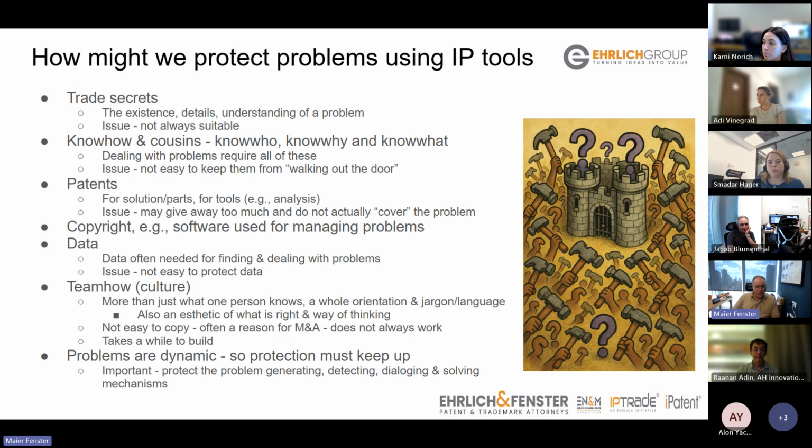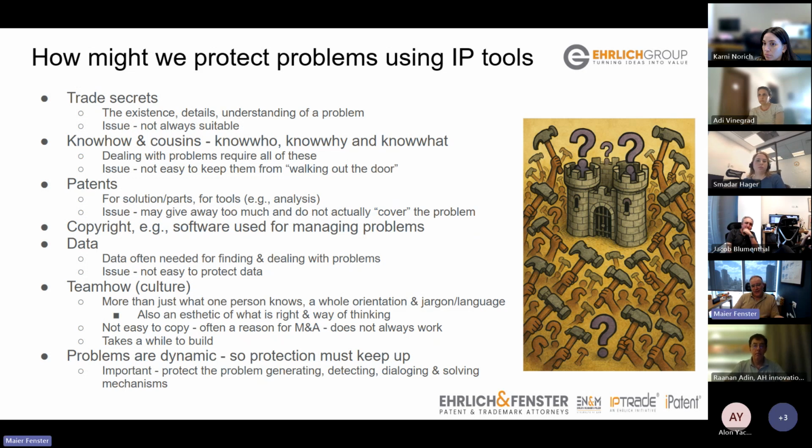Then there's know-how. And know-how has a few friends: know-why, know-who, know-what. And dealing with the problem requires all of them. The problem with all of these knows is that they can just walk out the door. The people who know how and know who can go to the competitor tomorrow. Patents.